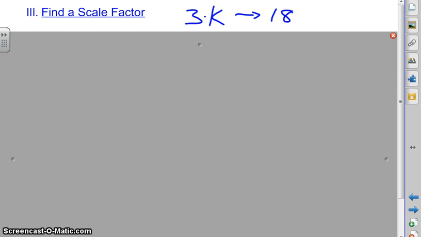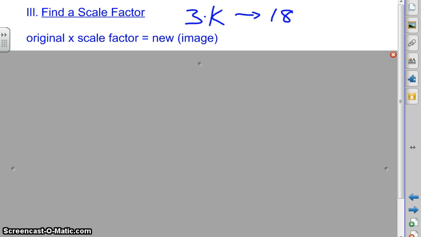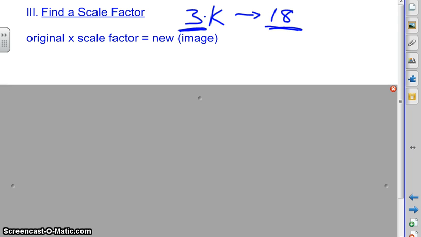Okay, so let's put this in words in the form of a rule. If you have an original, in our example, the original was 3. And it becomes something new. The something new was 18, right? Then your scale factor must have been 6. Okay? Now watch what can happen. The scale factor is K, right? Let's say the original is P. P is the original. And it becomes P prime, right? P prime is not P. That's something different, right?